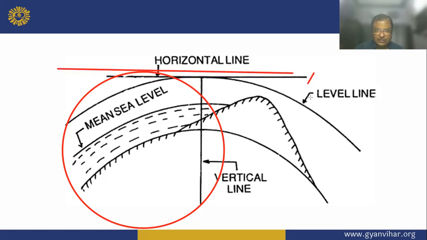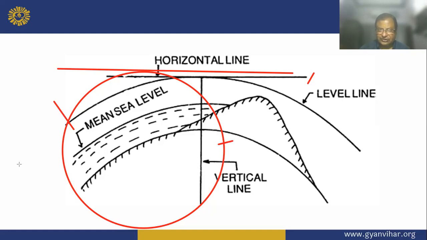If you do the horizontal line, your horizontal line on the earth goes up to here, but the real horizontal line is like this. It will ignore the curve. So this is the difference, my dear, between the horizontal line and the level line.